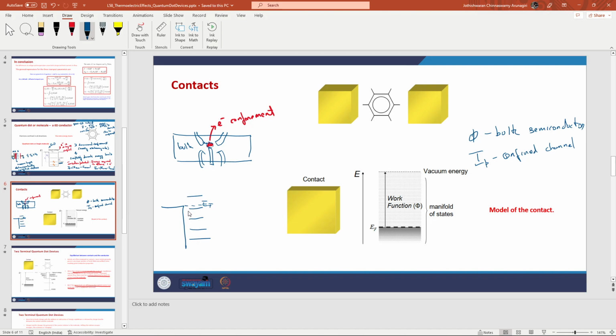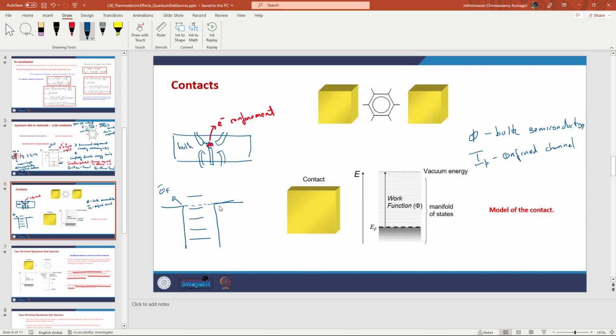When there is equilibrium, let me assume there is no external voltage being applied currently. Let me just get rid of the EF. So this is the Fermi level for a metal.